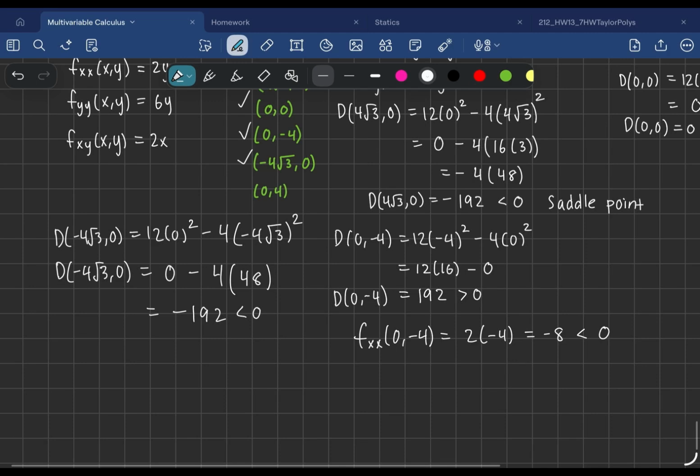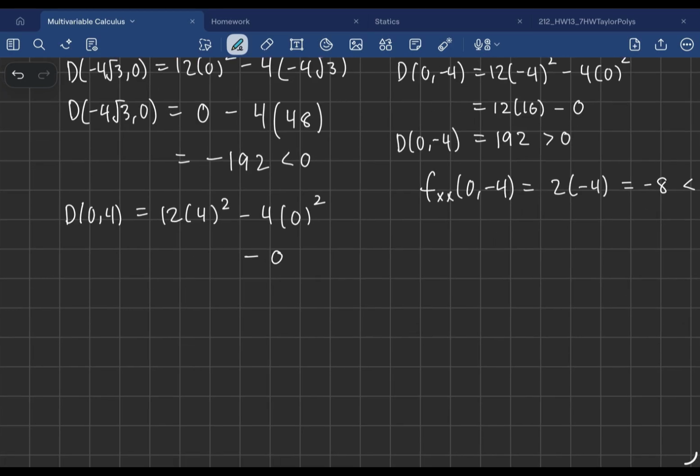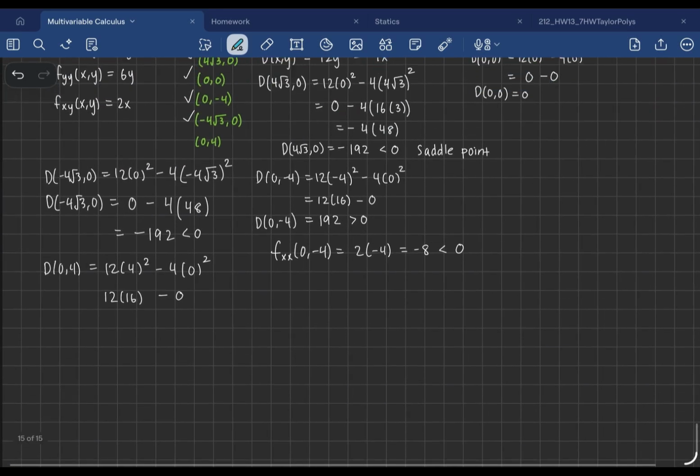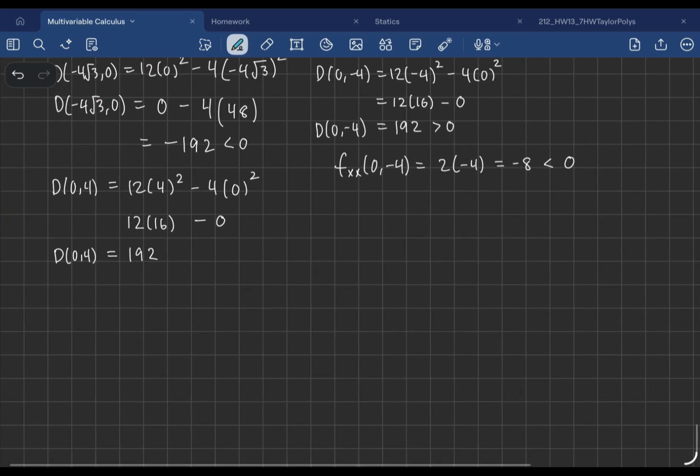And okay, our last point is going to be D at 0, 4: 12 times 0 squared minus 4 times 0 squared. This just becomes a 0, and this becomes 12 times 16. I think we got that earlier. 12 times 16 is 192. Okay, again, we have to evaluate this with f sub xx like we did here, and D is greater than 0.